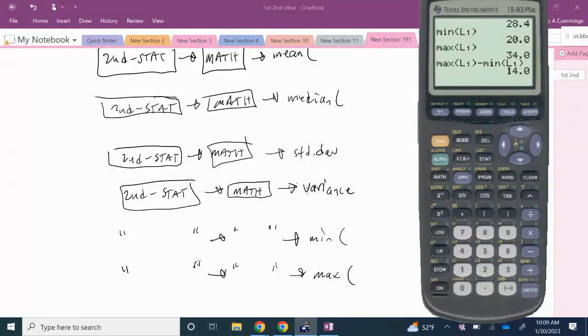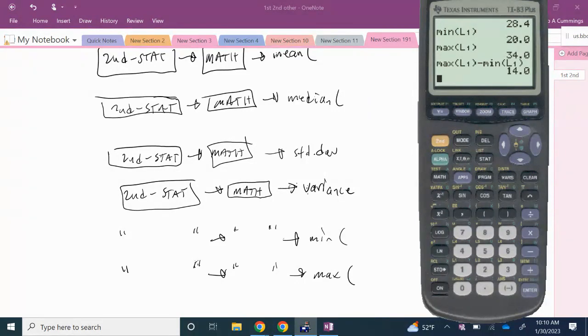Now the mode, you have to find by hand. The best thing to do is take the data set, put it in order, and then count the number of times each value appears. The mode is the number that repeats the most.